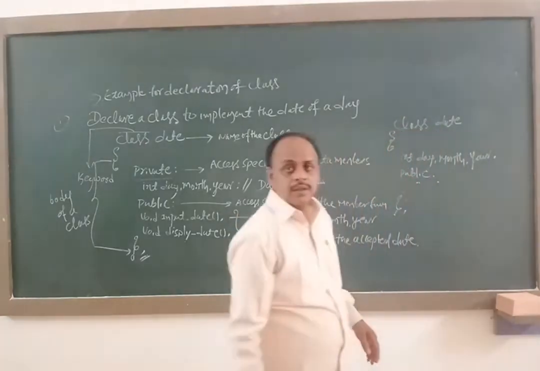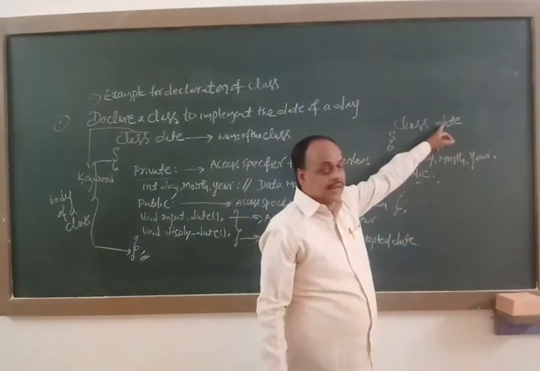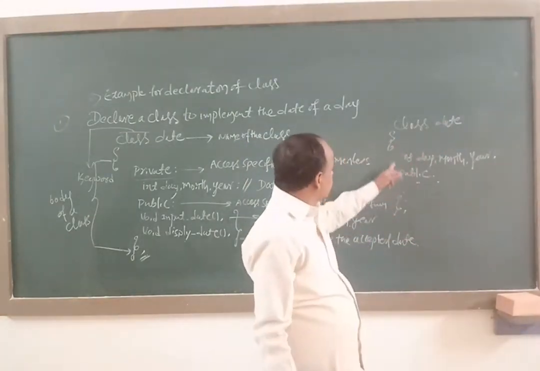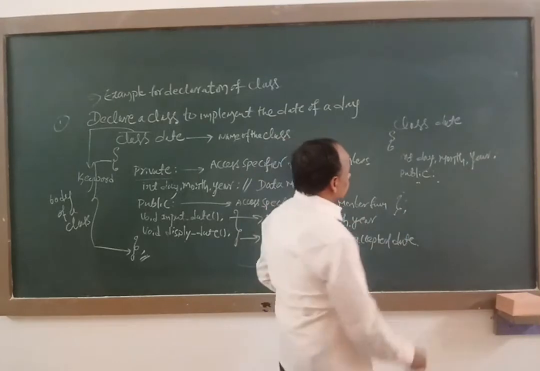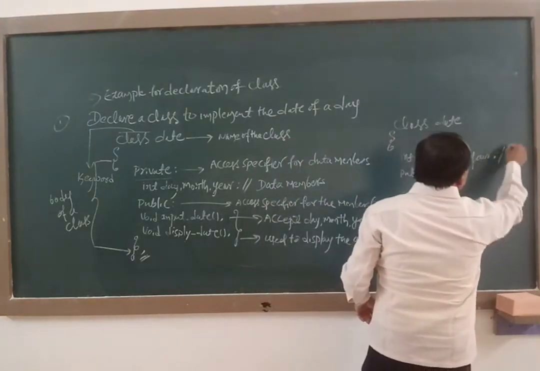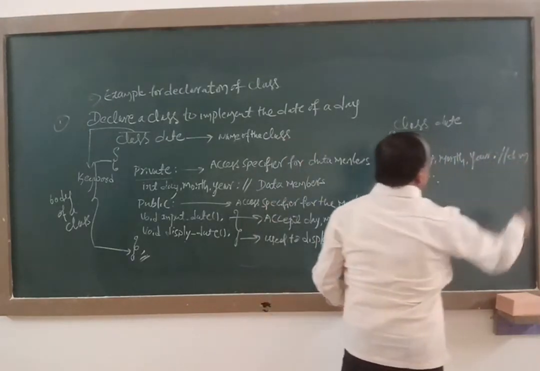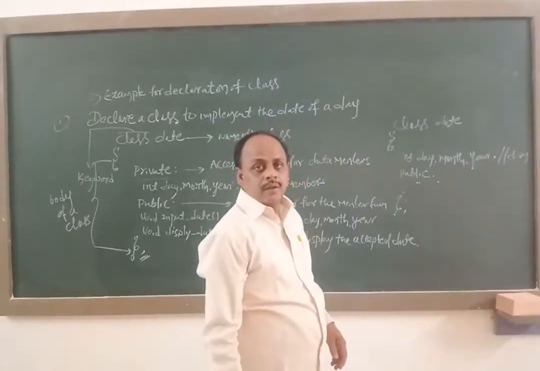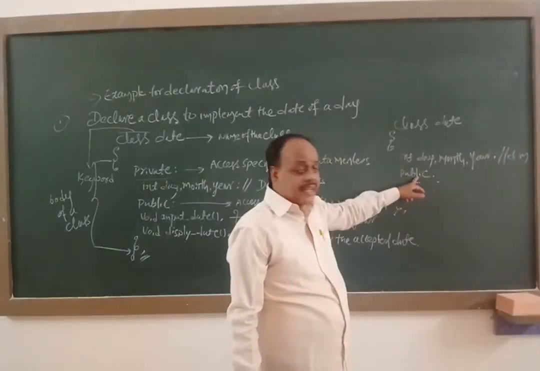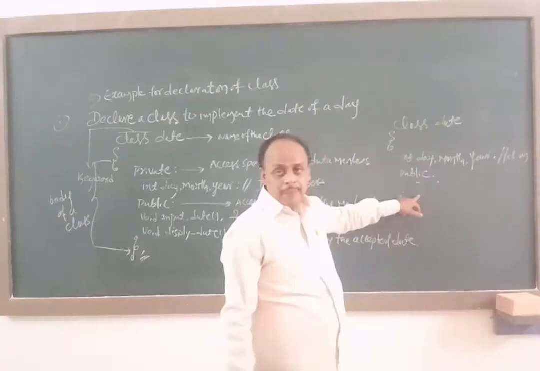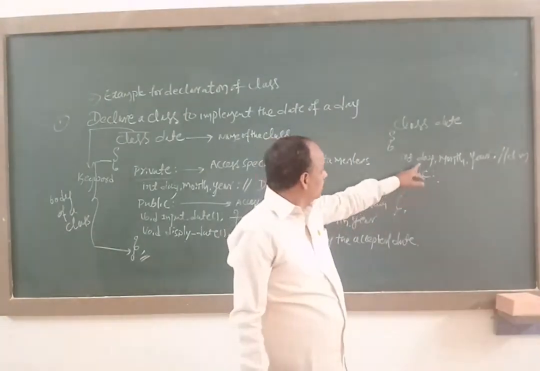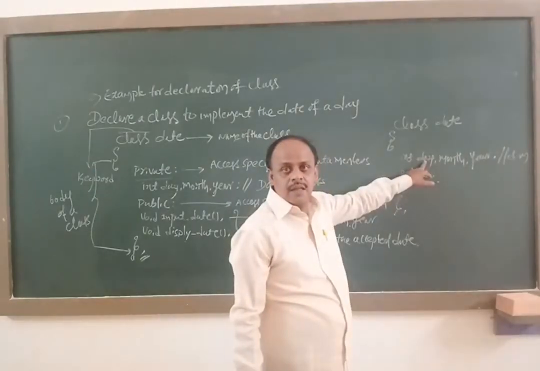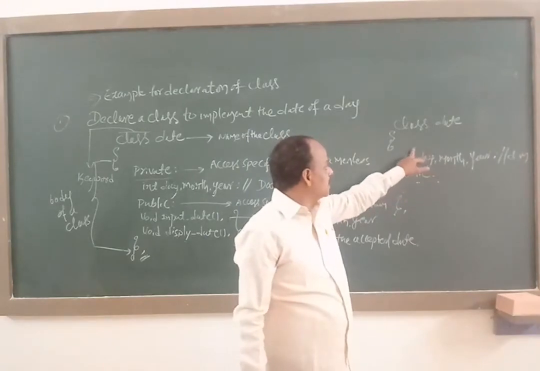See here, what I have written. I took a class called date, and inside the class I consider day, month, year as data members of the class. And this public access specifier is there for member functions. But for these data members, I have not given any access specifier.